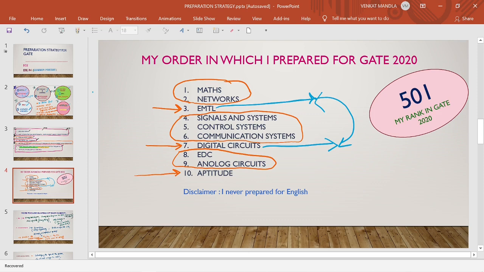So this is my preparation strategy. I can suggest it to you, but it is your wish. It depends on which subject you feel is easy; that you have to start with. But I strongly recommend this first block: start with maths and networks.